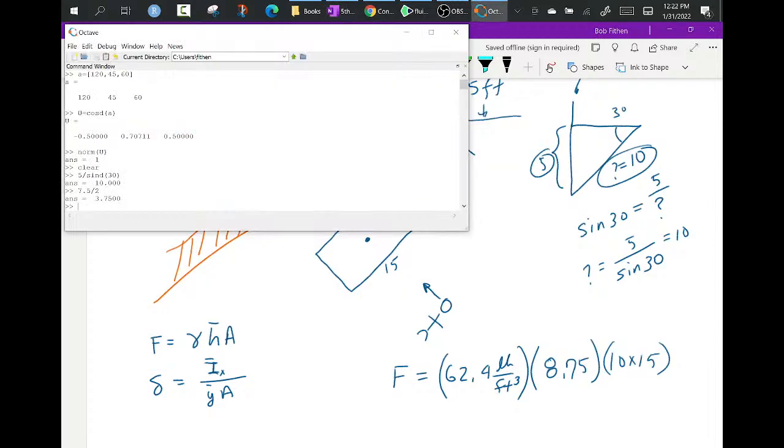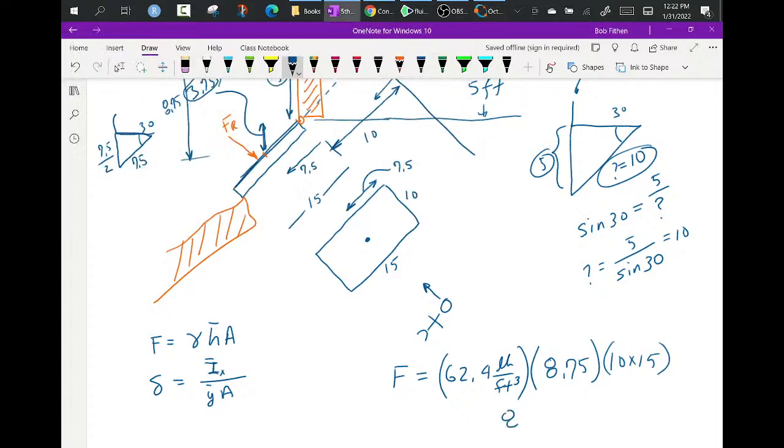Now I can get 62.4 times 8.75 times 150. That's all there is. 81.9, so 81,900 pounds.